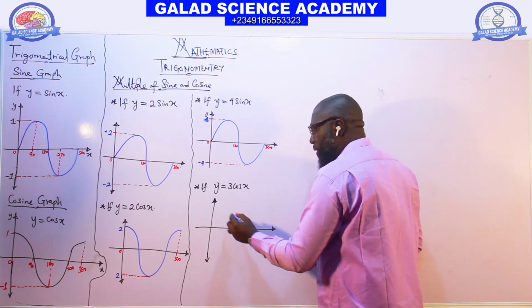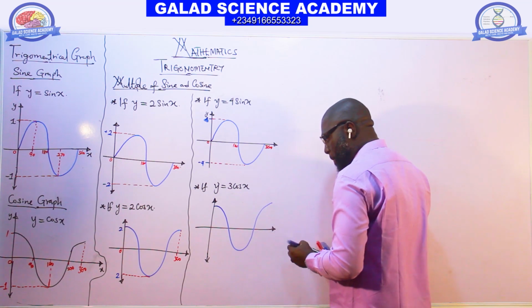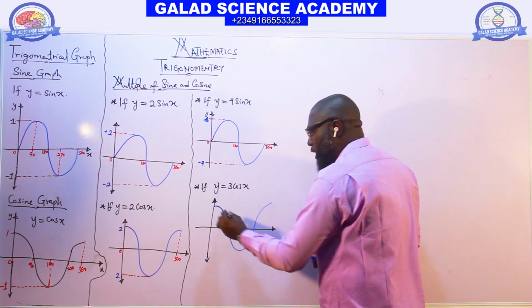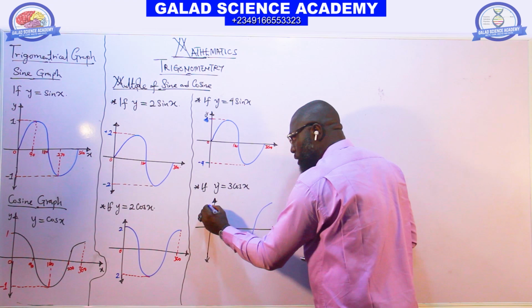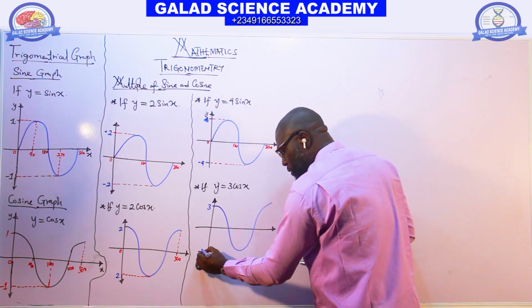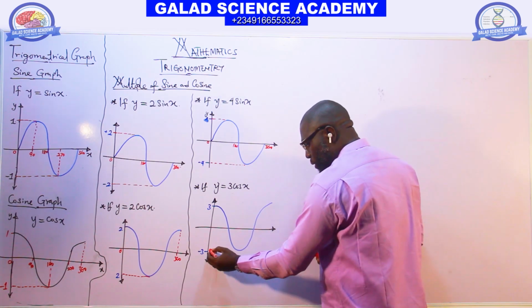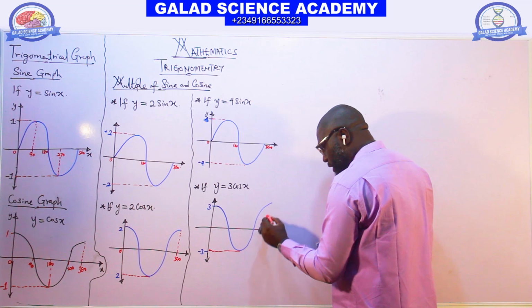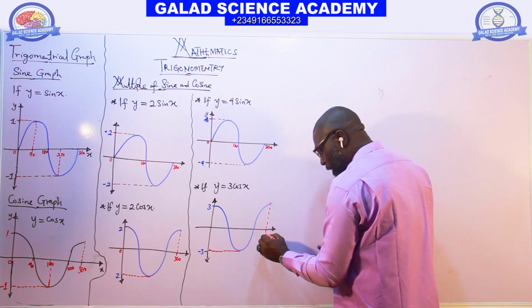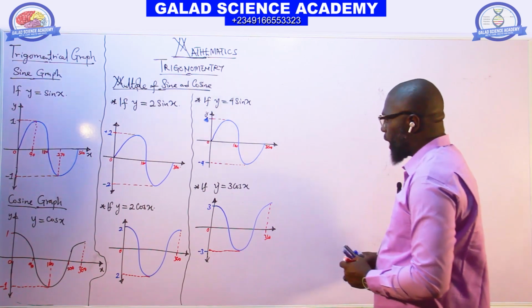It will start from there, and this point here is 3. This side here is minus 3. So that is for this kind of graph. Here is 360. Here is 0.